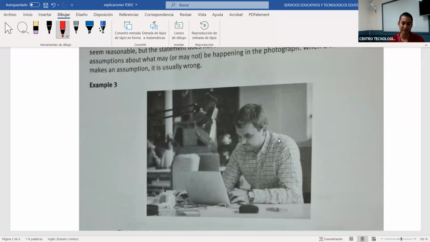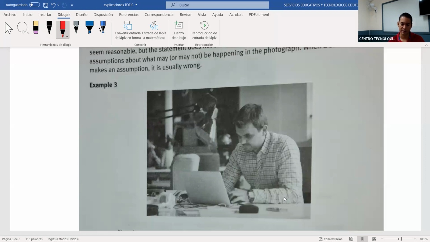For example, let's see elements here. We have a laptop. He's wearing glasses. So this is an office for sure. Let's see actions. He's looking at the laptop. He's using the laptop.